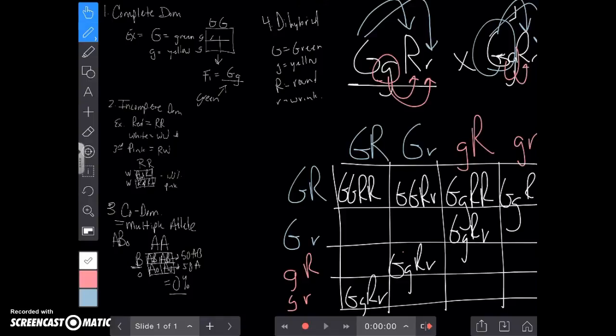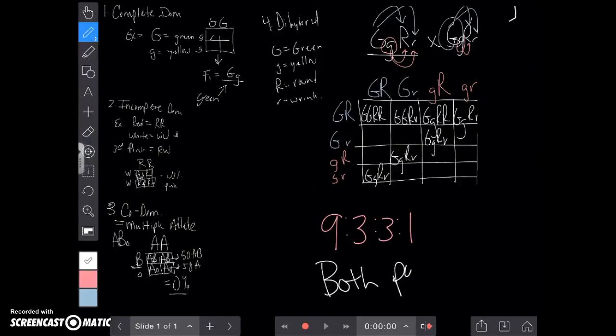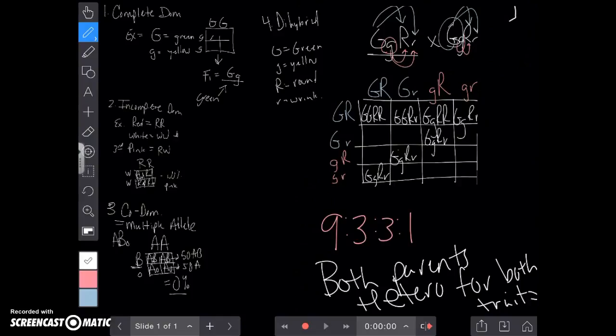Ultimately, we are going to end in that one ratio, which I've told you before is always the ratio of 9, 3, 3, 1. But that is when both parents are heterozygous for both traits. That's going to be the ratio of the phenotype.